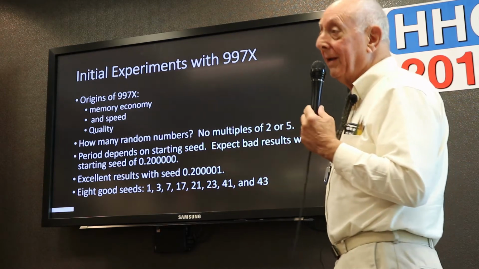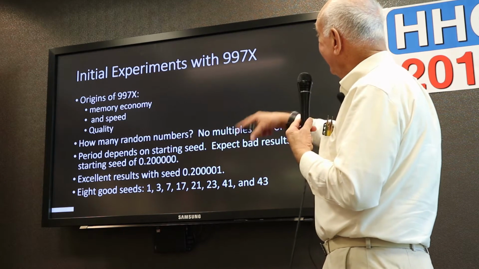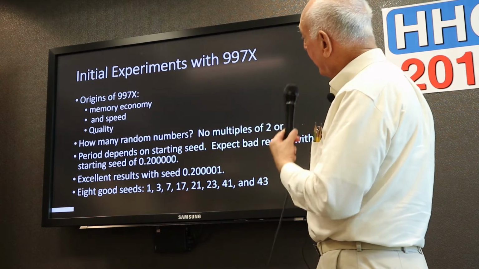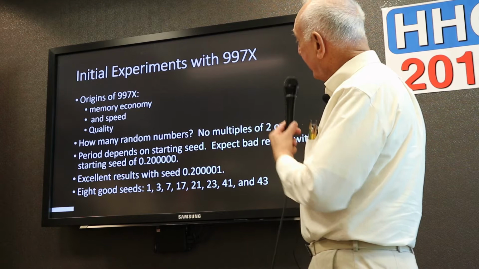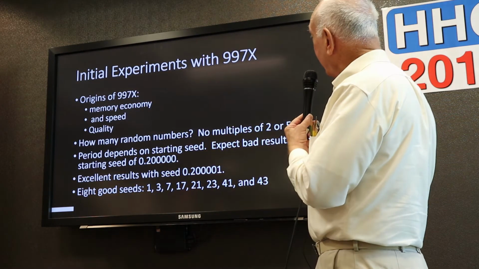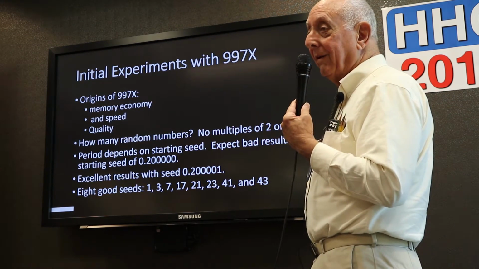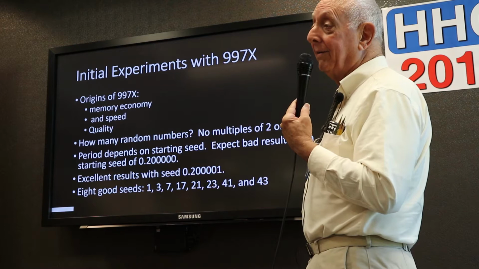So the question is, how many random numbers can you generate with this thing? Well, if you look, you're multiplying by 997. So if you have a starting seed that is a multiple of 5, the last digit is always going to be 5.